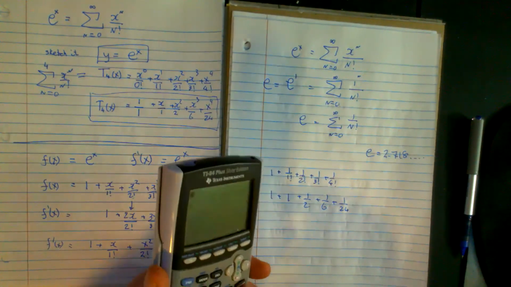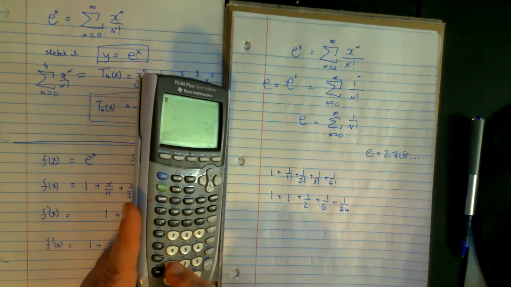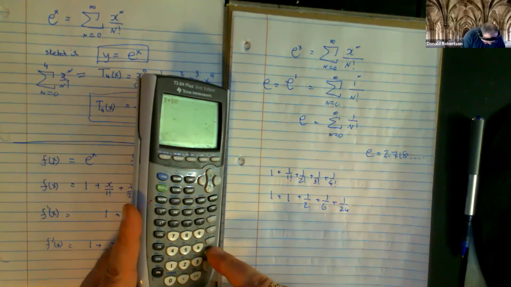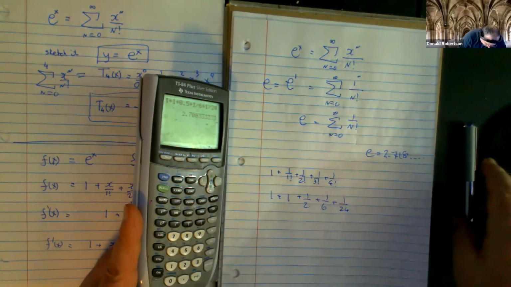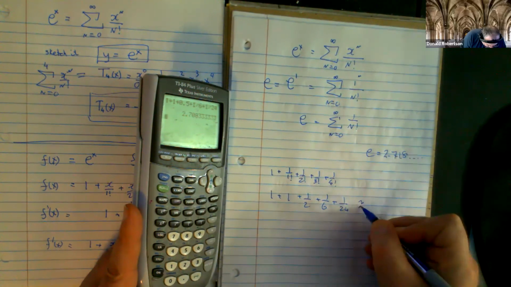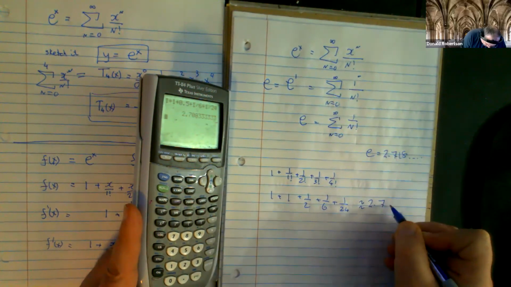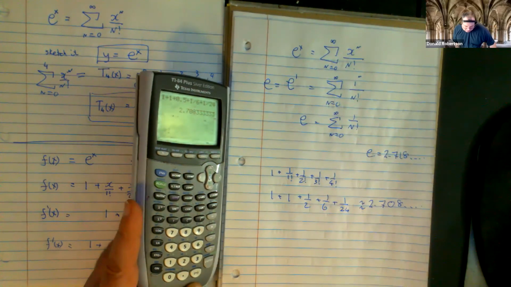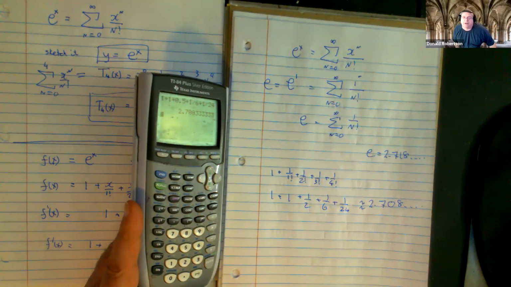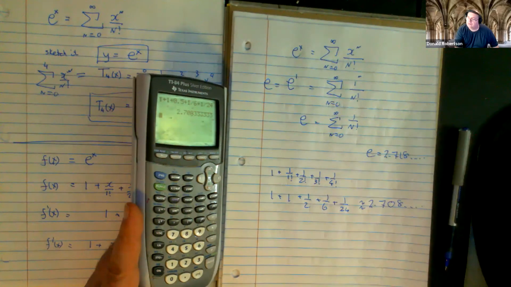Okay, let's see what we get. 1 plus a half plus 1/6 plus 1/24. And the answer I get is 2.708 and a lot of threes. Well, I'm good to the first decimal place. You agree it's matching that far?